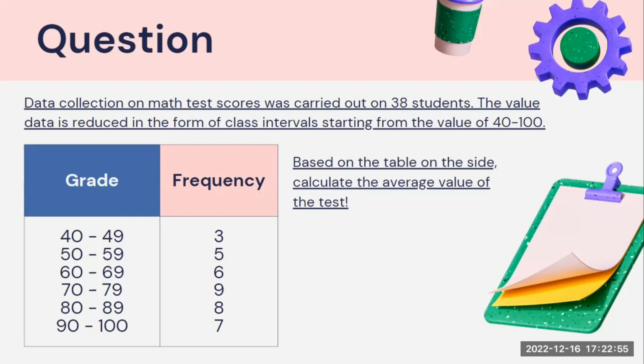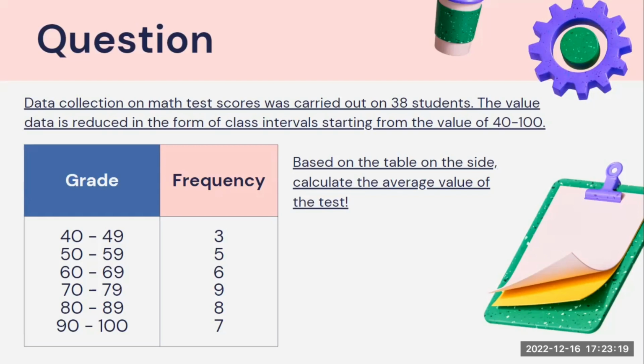So, what we have here on the table is the grades of students, and you can see the grade intervals of 40 to 49, 50 to 59, 60 to 69, 70 to 79, 80 to 89, and 90 to 100 with student data frequency.